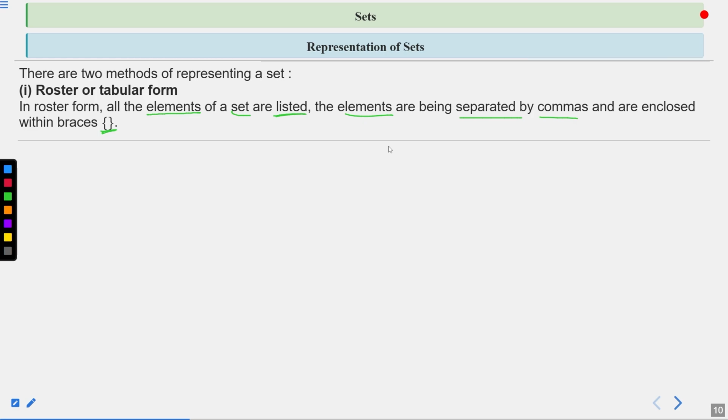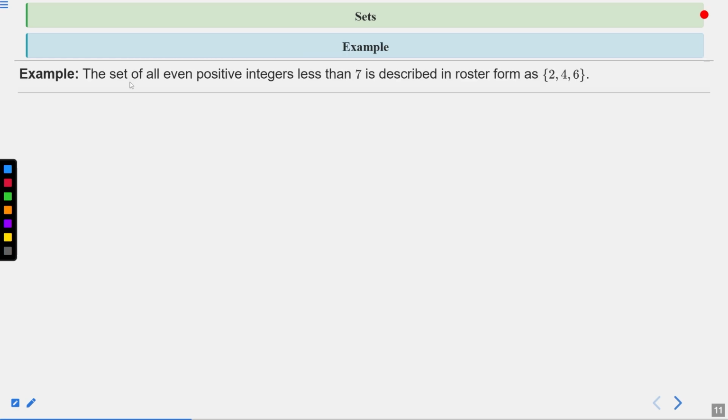Simple. For example, the set of all even positive integers less than 7. You can easily say that they are 2, 4 and 6. So in roster form, we enclose them in curly braces and separate them by commas in this form. So this is our roster form.